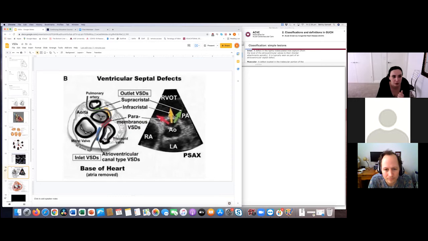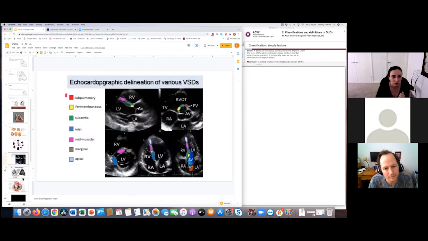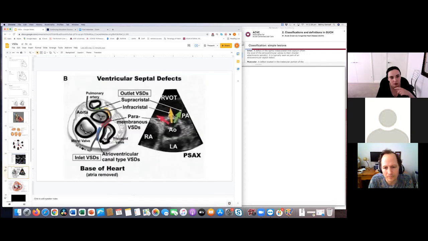But I do find this picture helpful, and I've just put in where the interventricular septum goes between the valves. So you have the mitral valve and the aortic valve on this side, tricuspid valve and pulmonary valve.